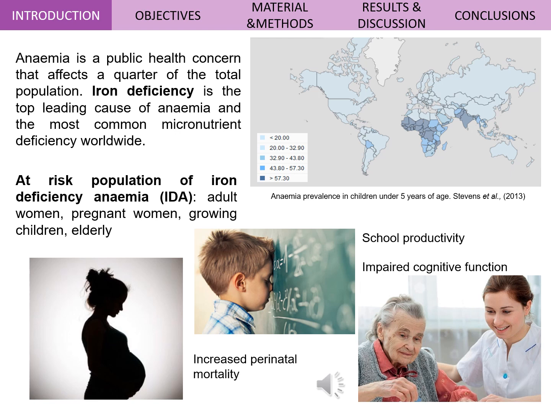At-risk populations of iron deficiency anemia are, because of their physiological circumstances, adult and pregnant women, growing children, and the elderly. Actually, iron deficiency anemia has been associated with detrimental effects in these populations, such as a decrease in work productivity, increased perinatal mortality, and impaired cognitive function in the elderly.